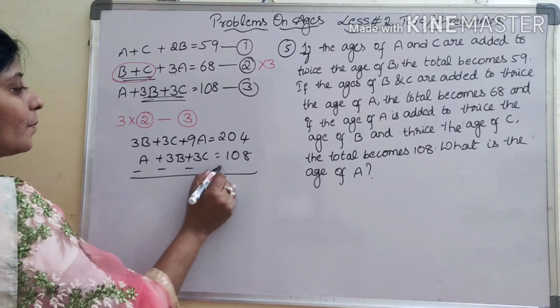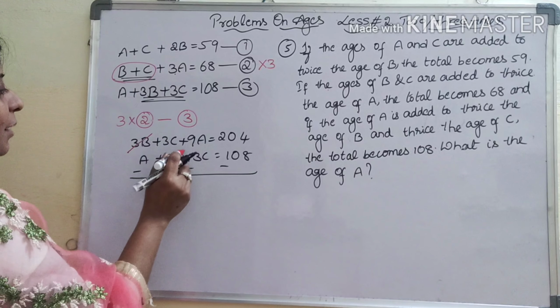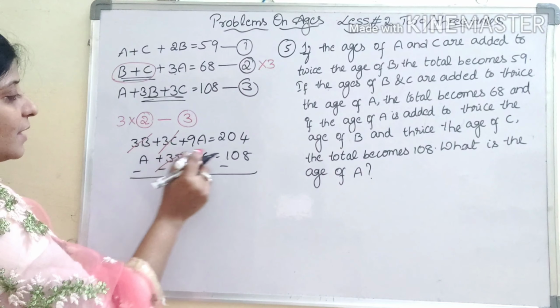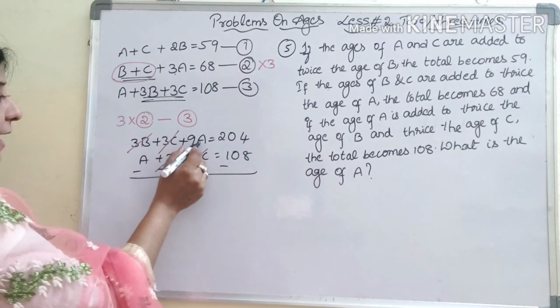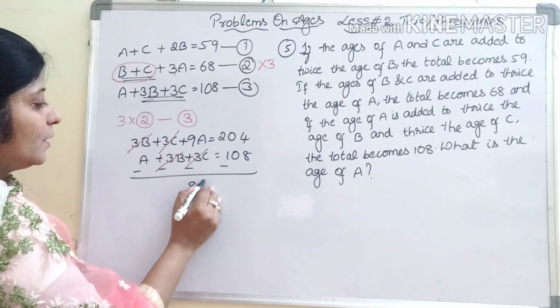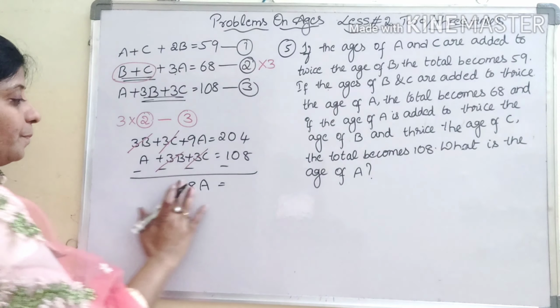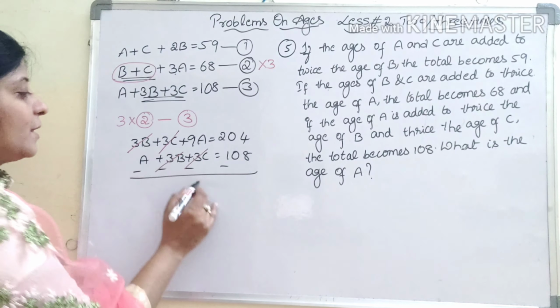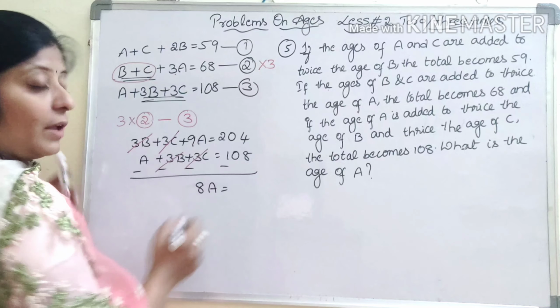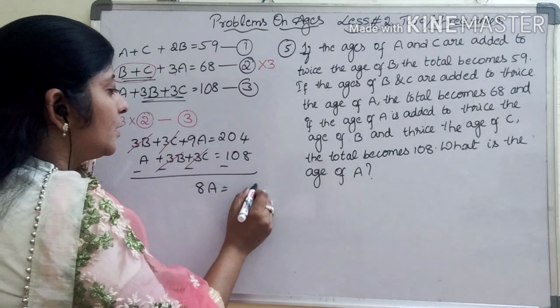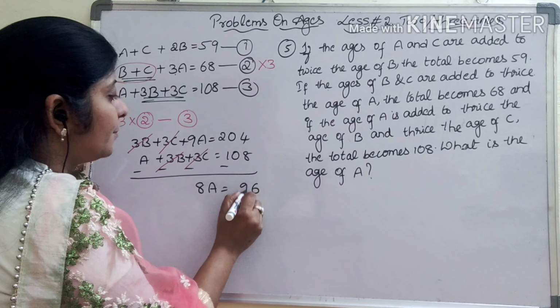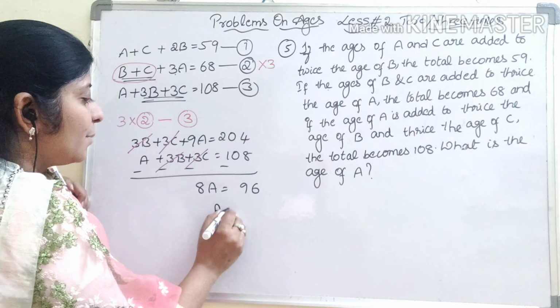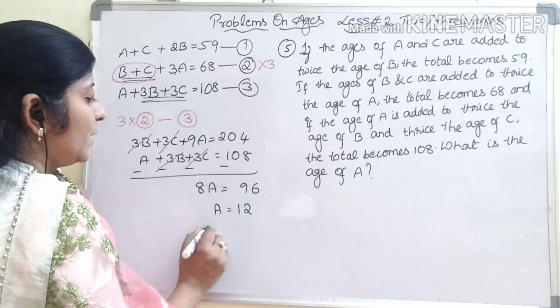We cancel 3B minus 3B and 3C minus 3C. Now 9A minus A will give 8A, which is equal to 96. A will be 12. The age of A he asked is 12.